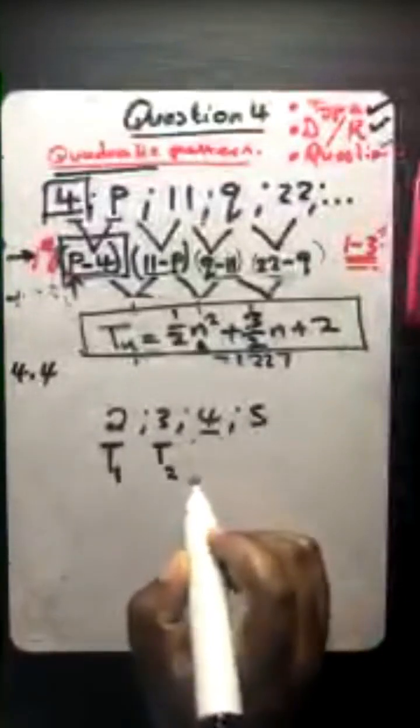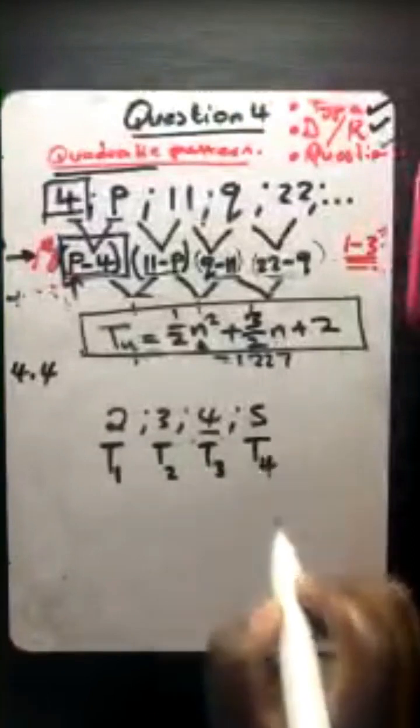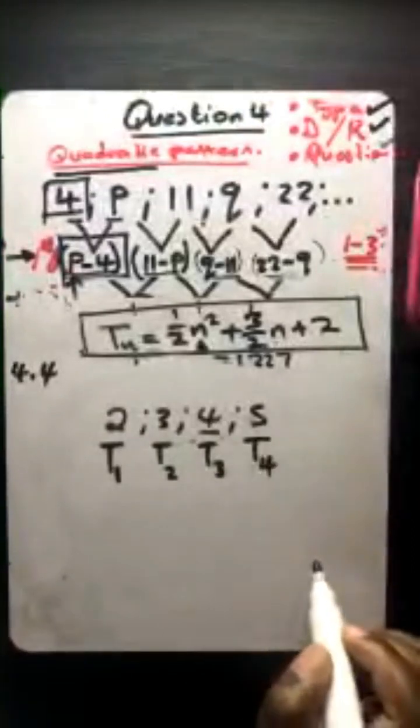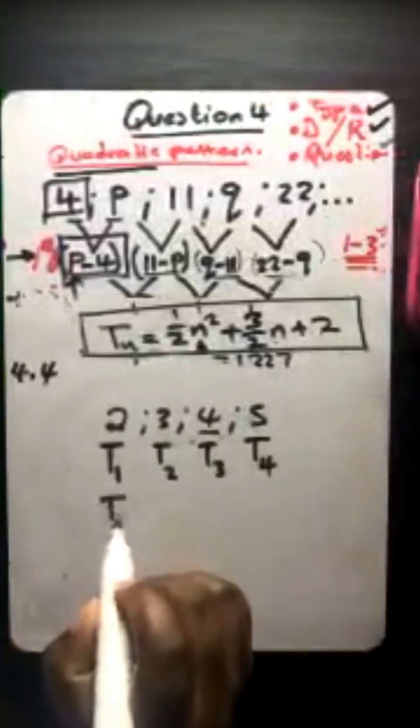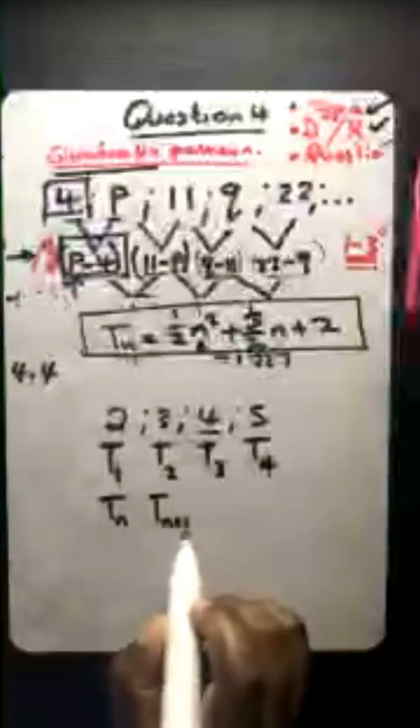Maybe let me try to re-explain it again and say, this is term number 1. This is going to be term number 2. This is term number 3. This is term number 4. So what I'm saying is, assuming that this is term number n, this second term is obviously going to be term n plus 1, which is more like 1 plus 1 is term number 2.